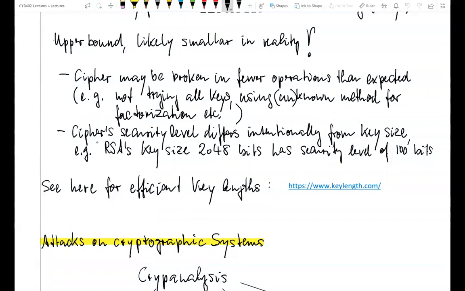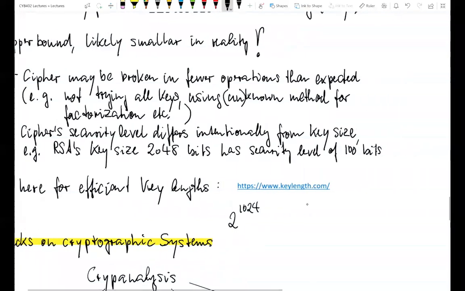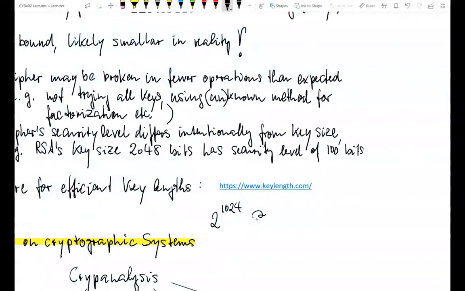So let's write that down as an example. We have 2 to the 1024. If we have an attack that does not use brute force, but uses just the square root of the number of keys, we have essentially a security of 512. So in order to get that security up to 1024, if this is what we're shooting for, we need to double the number of bits in the key.